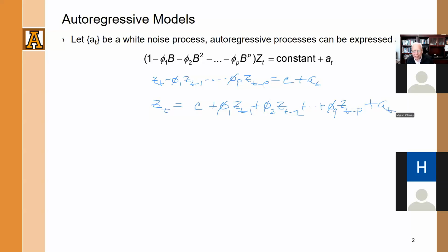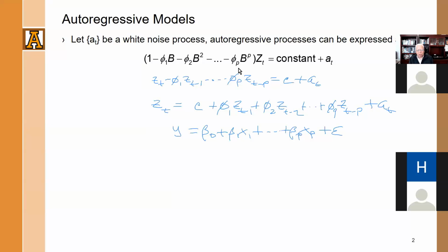If you look at this equation, this just looks like a regular regression equation, right? In multiple linear regression, we have a response which we express as beta 0 plus beta 1 x1 plus up to beta p xp plus epsilon. That's the regression model.